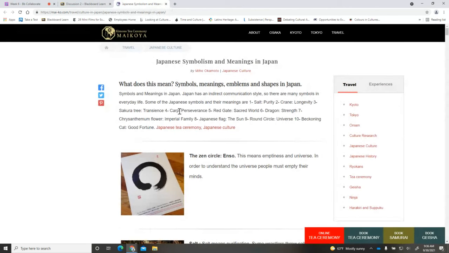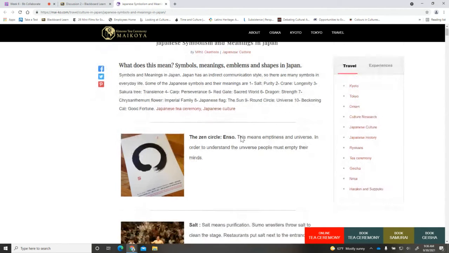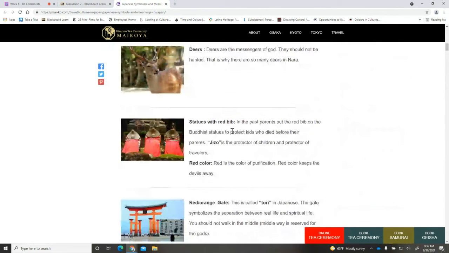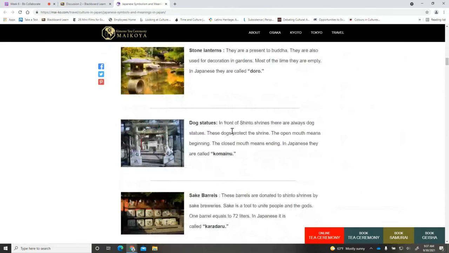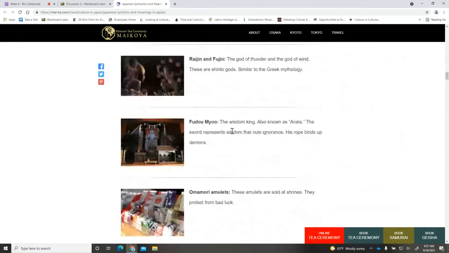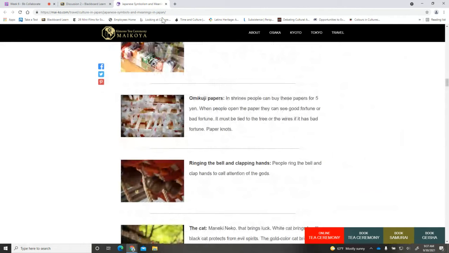There you go. So you're going to read over this website, okay? And it talks to you about the different symbols and their meanings in Japan. Okay, so you'll go through and look through all of these and read them and get a better idea of the Japanese culture through symbols.